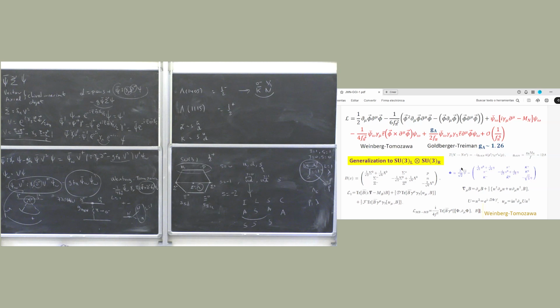What's the problem with the Lambda(1405)? People working in the constituent quark model study the proton and the neutron. They tune the constituent masses of the u quarks, the d quarks.